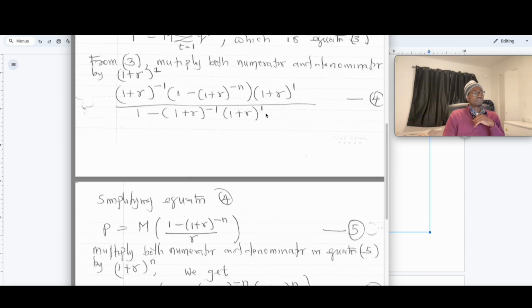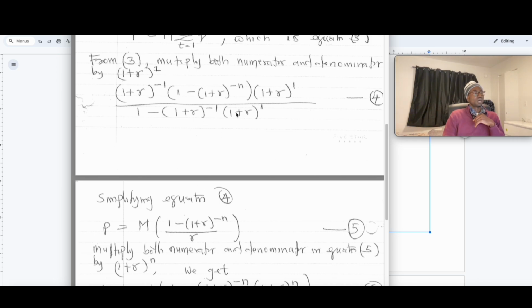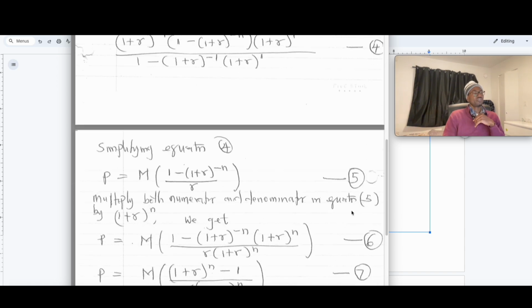This equation 4 can then be simplified further, because this will cancel this and this will expand this. That will give us r in the denominator, and the numerator will give us 1 minus 1 plus r raised to power minus n, because these will cancel these out and these will result in 1 plus r minus 1, which is equal to r. So that's equation 5.